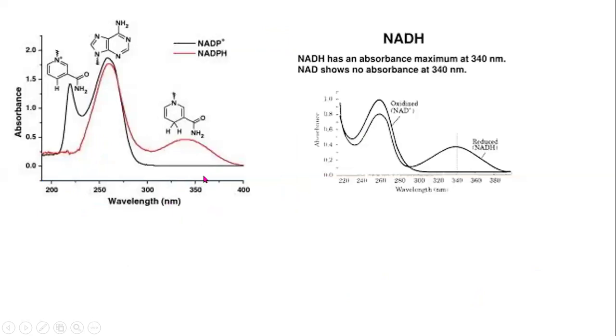We also have some coenzymes that can strongly absorb light in a region of 340 nanometer. So we can say that the reduced coenzymes NADH and NADPH absorb light strongly at a region of 340 nanometer, while their oxidized form does not absorb.